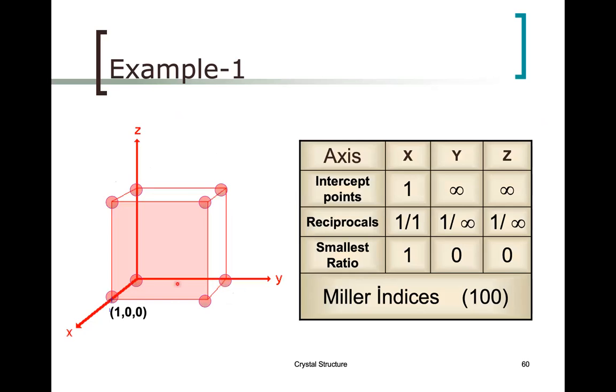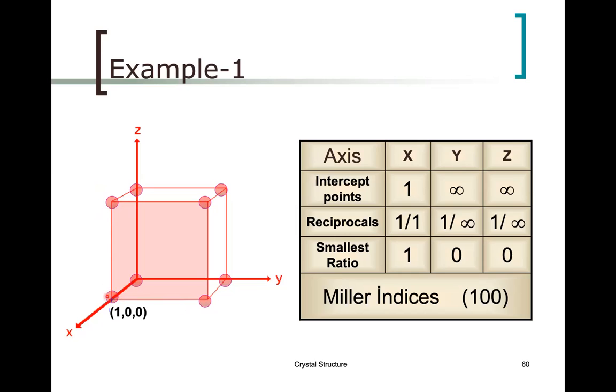So I took my simple cubic lattice. This would be the 0, 0, 0 point. This is the 1, 0, 0 point. There's a plane that passes exactly through here. It intercepts x equal to 1, and then it goes in the z direction all the way to infinity, so it never intercepts the z direction, and it never intersects the y axis.